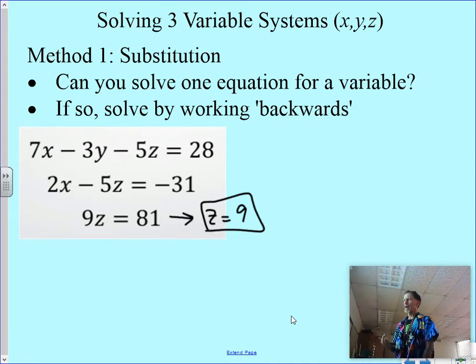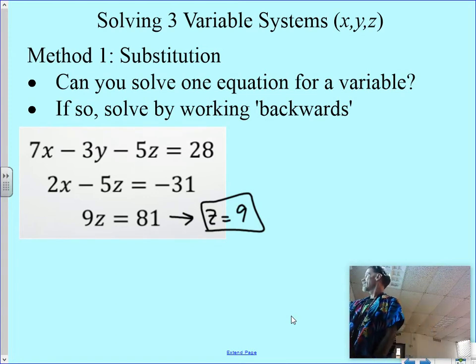So we're part of the way done with the problem already. Now what do we do with that? This is what I call back substitution. We're going to take that 9 and substitute it into another equation so that we can solve for one of the other variables. The second equation has an x and a z, so I'm going to put that 9 where it has a z and solve for x.